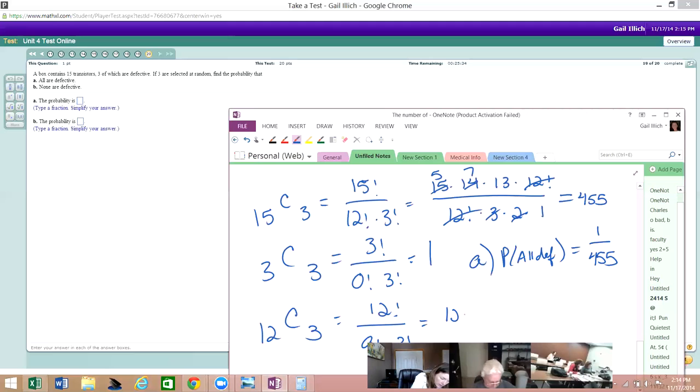So this is 12 times 11 times 10 times 9 factorial. The 9 factorial will cancel. This is 3 times 2 times 1. So 3 goes into 12 4 times, and 2 goes into 10 5 times. So that is 20 times 11, which is what?